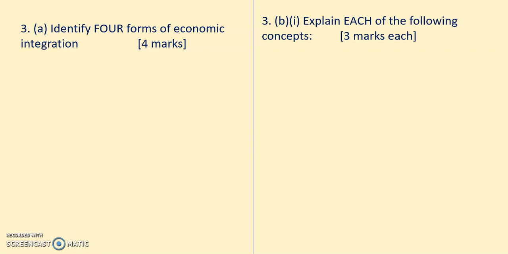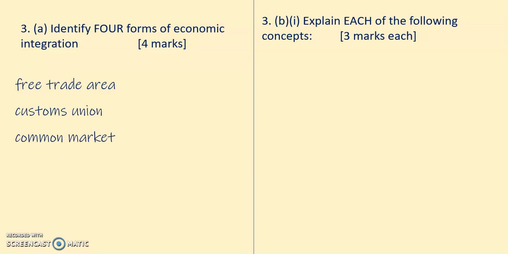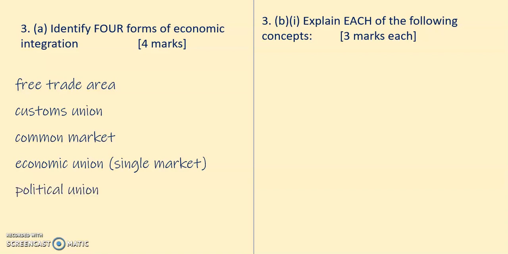We're going to go with the free trade area, customs union, common market, an economic union, and the 5th one, just in case you can't remember one of these 4, is a political union.